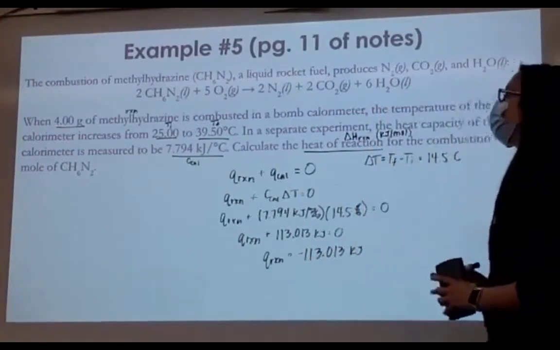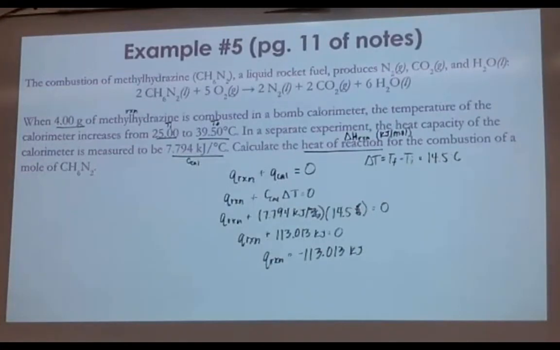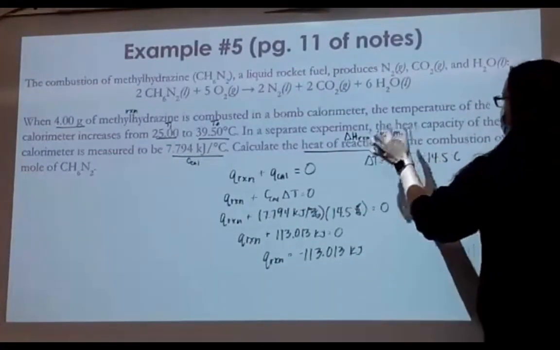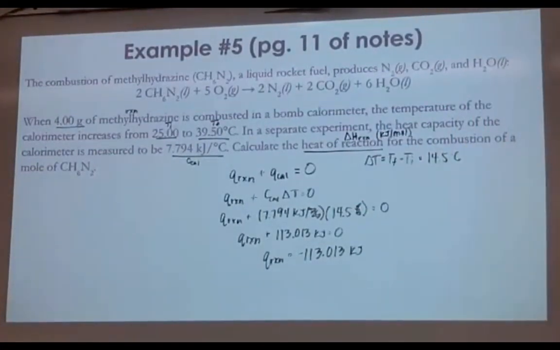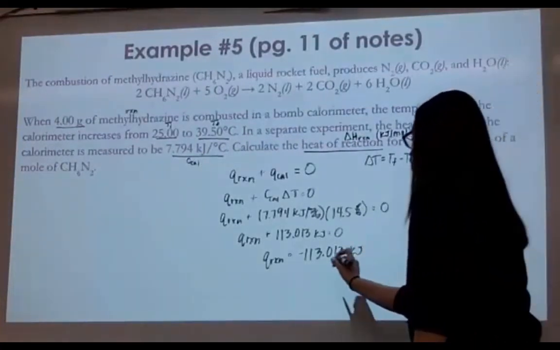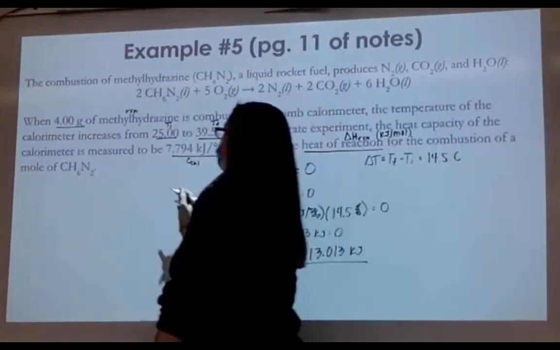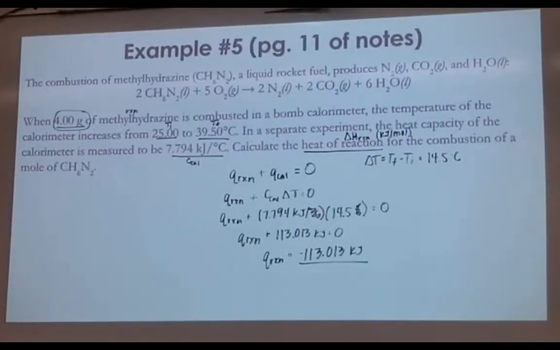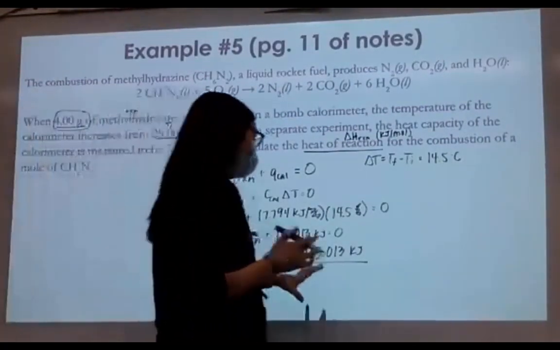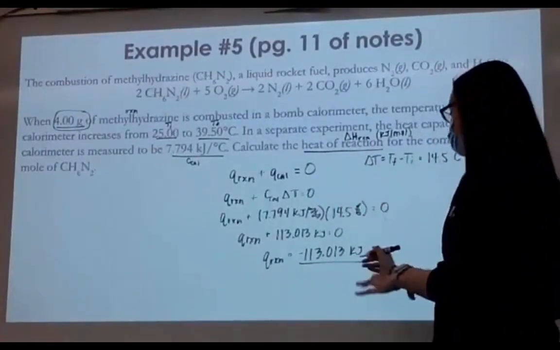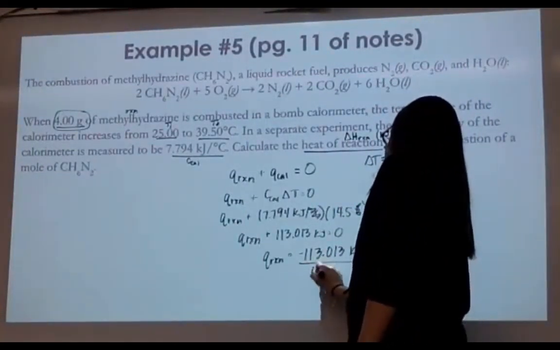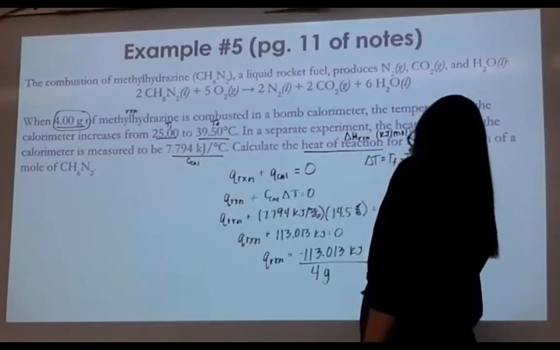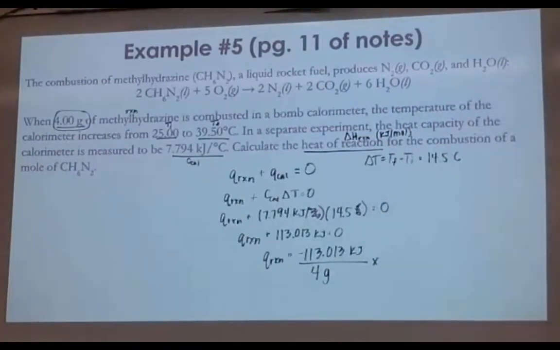Now this is Q. Heat of reaction is per mole. Q is for this amount of methylhydrazine. 113 kilojoules is released when 4 grams of methylhydrazine is used.